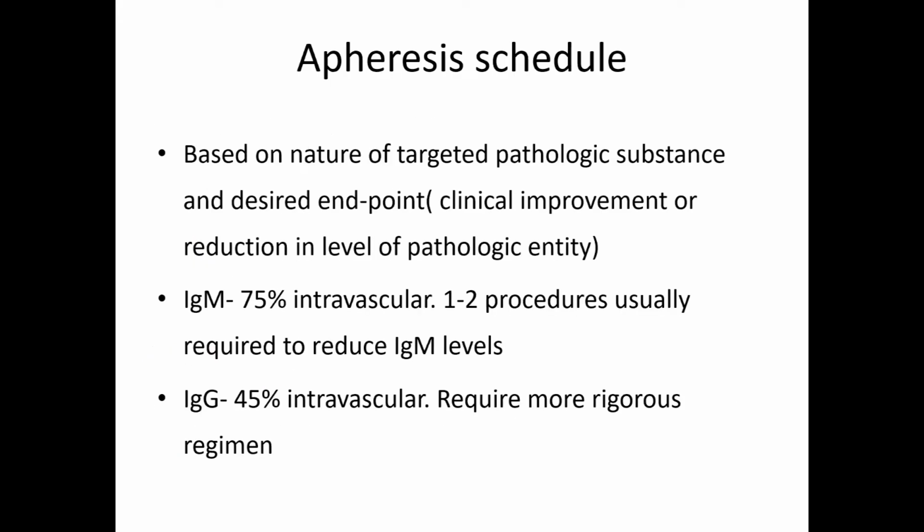Now, what is the dosage schedule of apheresis? It mainly depends on the nature of the target molecule. In case of IgM, which is 75% intravascular, only 1 to 2 procedures are usually required to reduce the IgM level. In case of IgG molecules, which are only 45% intravascular and smaller in size, it requires a more rigorous regime.